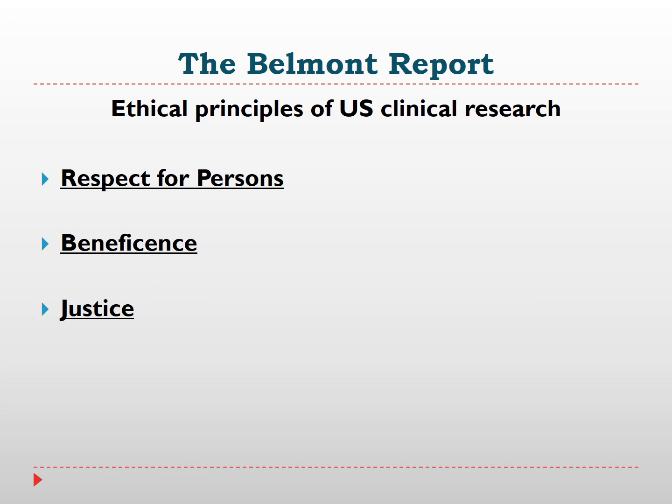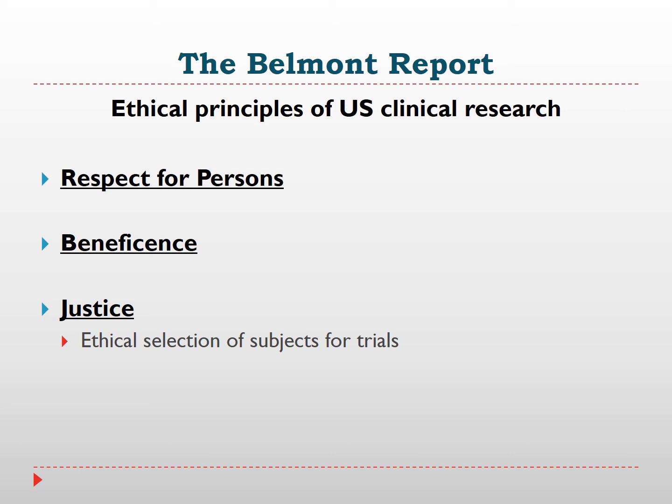And then justice. That's the third ethical principle of the Belmont Report. By justice, we mean fairness, which is ethically picking subjects for trials. In this country, we have special considerations for people who are in jail, for example. People who are prisoners are awesome participants in clinical research because they never miss their appointments. You always know where they are.